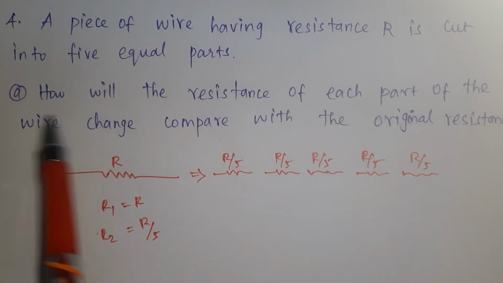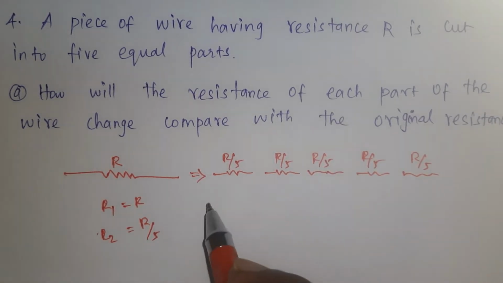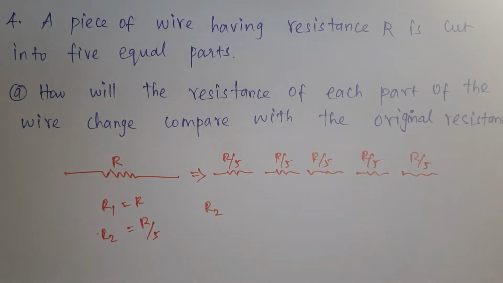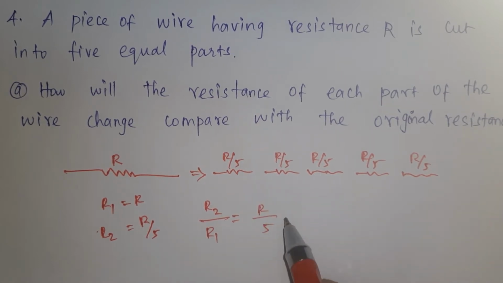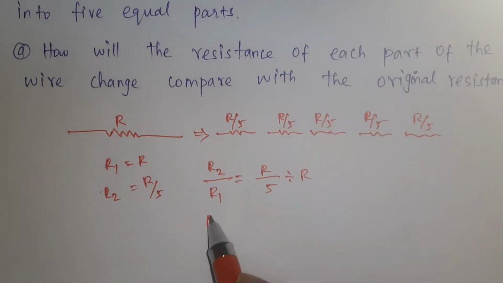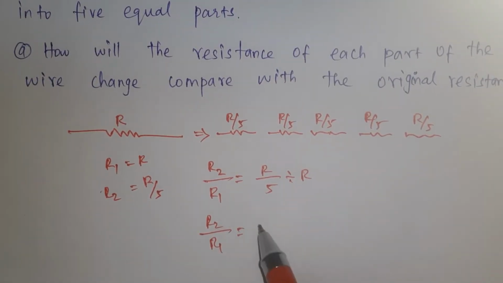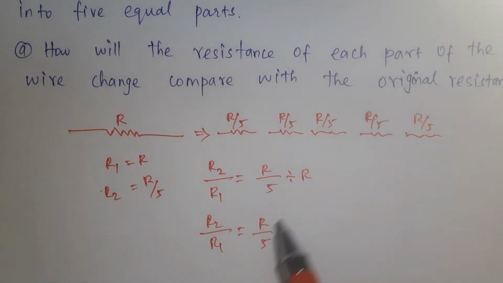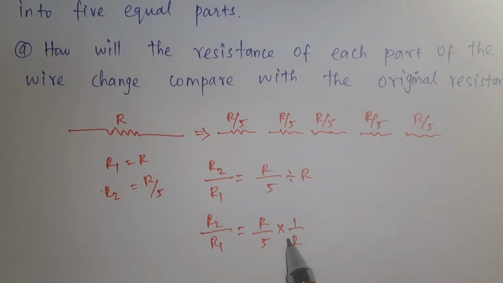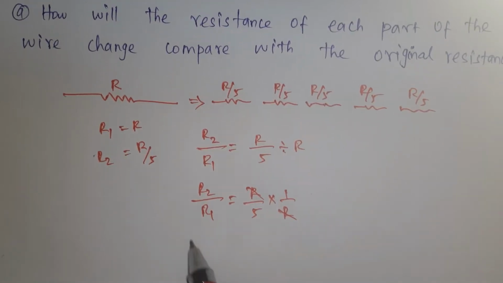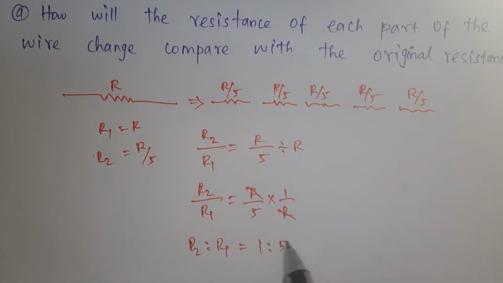Each part of the wire has resistance R by 5, take that as R2. R2 by R1 is equal to R by 5 divided by R. So R2 by R1 is equal to R by 5 into, it is going to be the reciprocal, 1 by R. So R is going to be cancelled. So R2 is to R1 is equal to 1 is to 5.